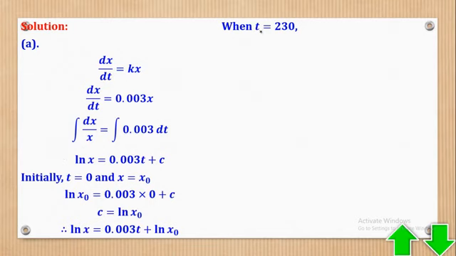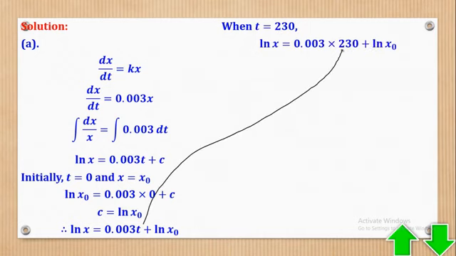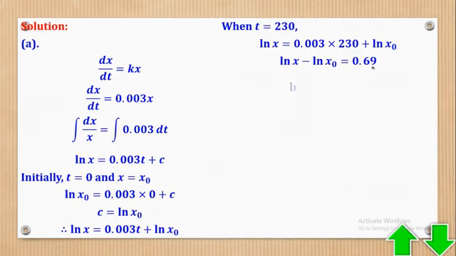Now, when t is equal to 230 minutes, you will come here and substitute for this value of t. Then collect like terms, take this one this side to come up with that. Then this minus this gives you this. Therefore, removing ln means that here it becomes exponential and also here exponential.